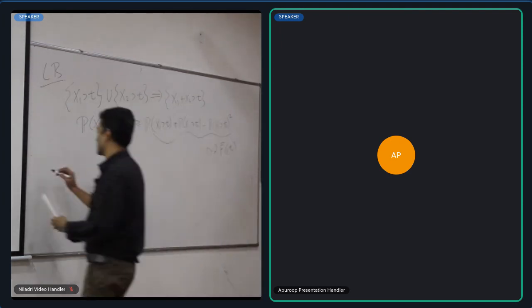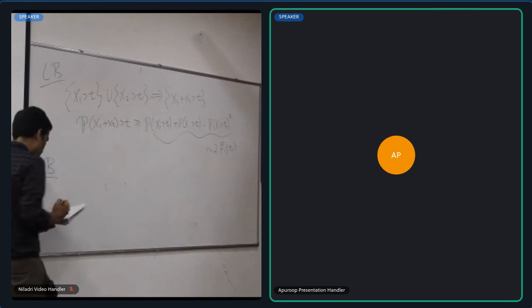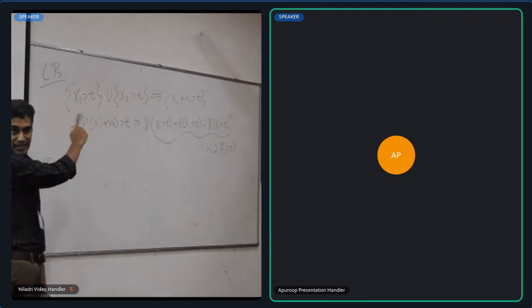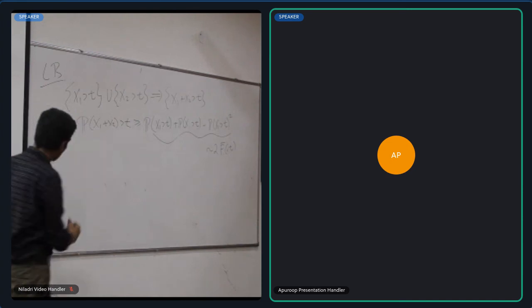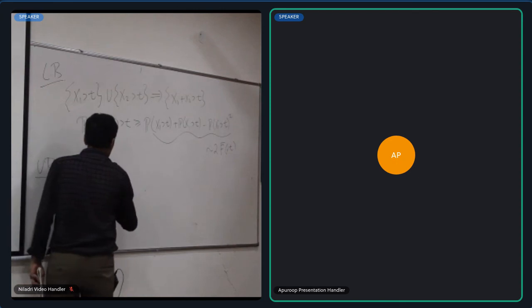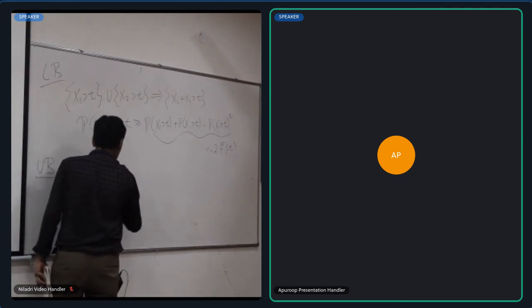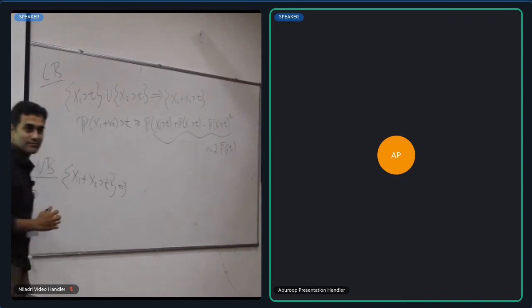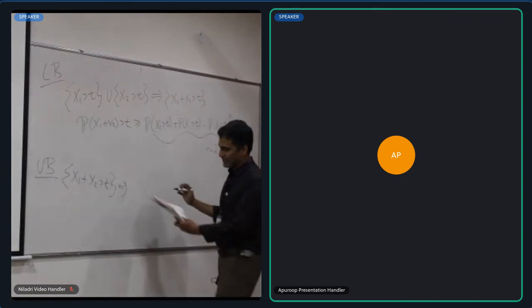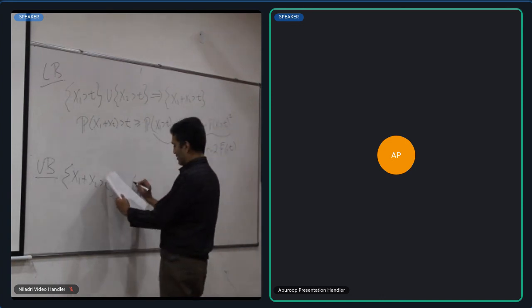Okay. Now let's look at the upper bound. The upper bound follows the following reasoning. Now I need to reverse the order of the implication, right? Because I want to come from the other side. So I want to say that x1 plus x2 greater than t implies the following event.